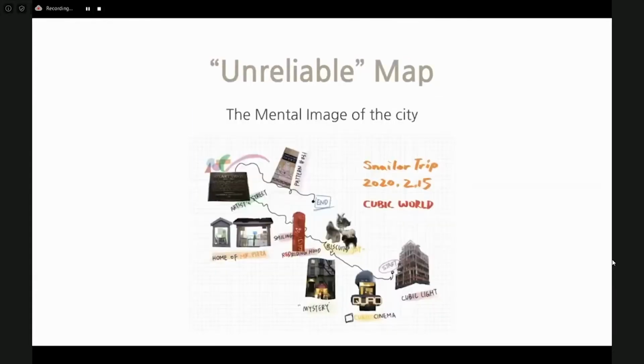And finally, they can get an unreliable map. It's not about the precise geography of the city, but more like the mental image of the city. If they collect more of these maps, maybe players can get a sense of achievement and get the motivation to explore more.